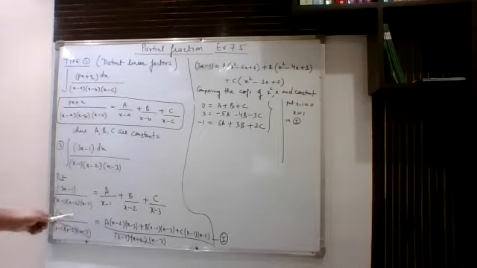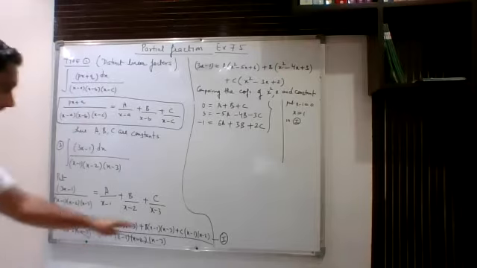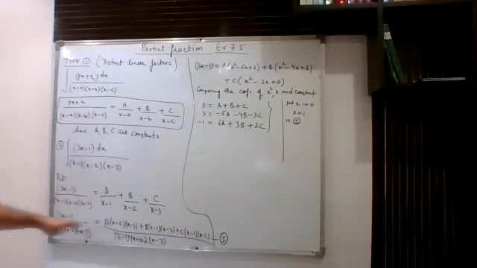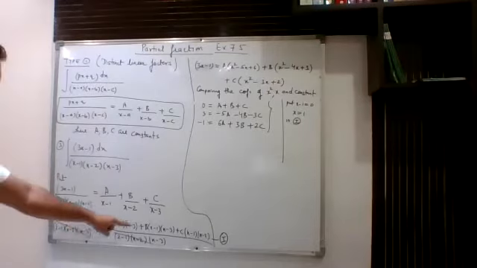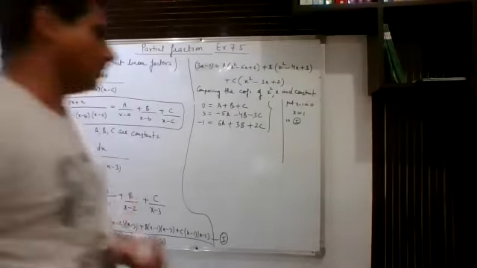Let me show you how we can substitute. So what I am saying, put x minus 1 equal to 0, that is put x equal to 1 in this equation, in number 1. So when you put x equal to 1 in number 1, here when you put 1, it will become 3 minus 1, that is 2. 2 is equal to a into something you will get, and this quantity will vanish. So let us see how.